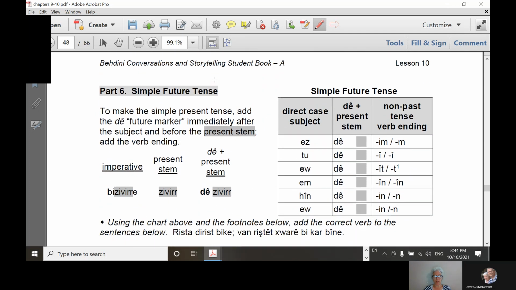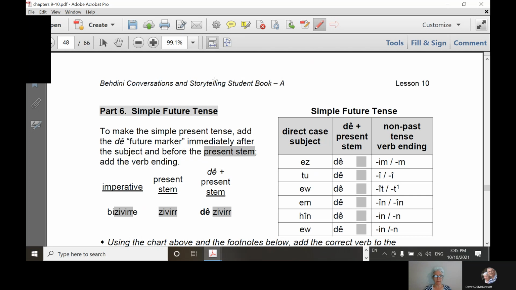Okay, and then future tense, part 6, 39. This is also simple. The only difference between simple present and simple future is the day future marker immediately after the subject.